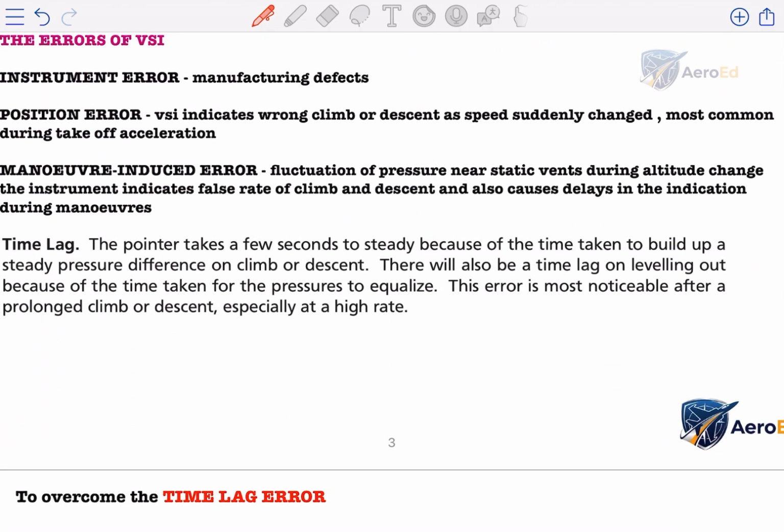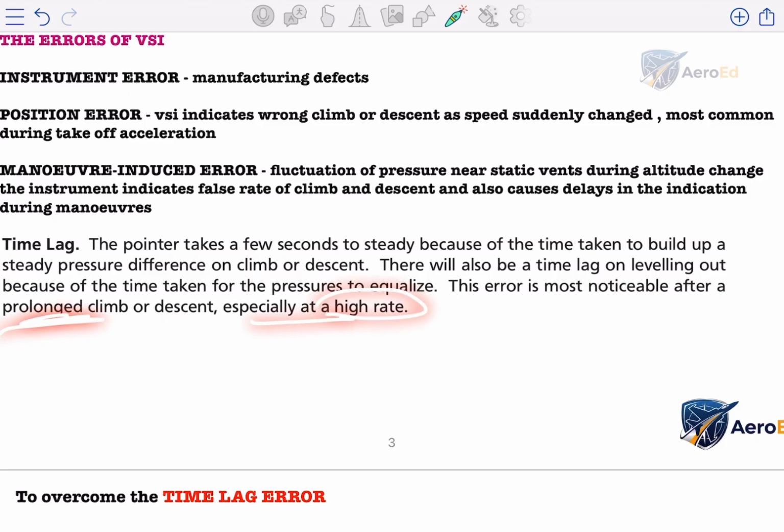So the indication will also be late. If the aircraft has already leveled out at 4000 feet, the VSI will still show an indication of climb for some seconds. This error is most noticeable after a prolonged climb or descent, meaning when the aircraft is climbing or descending for a longer time and at a very high rate.